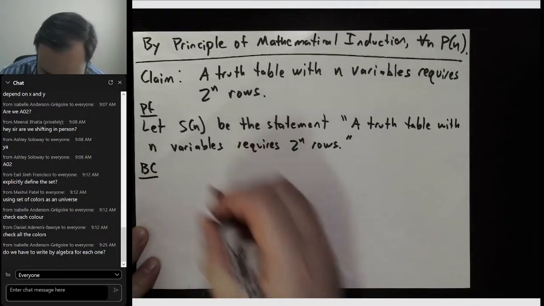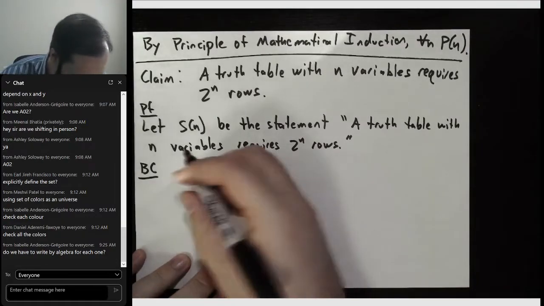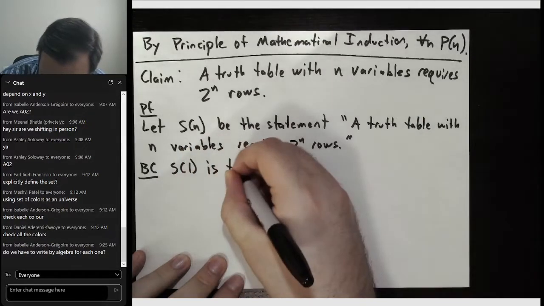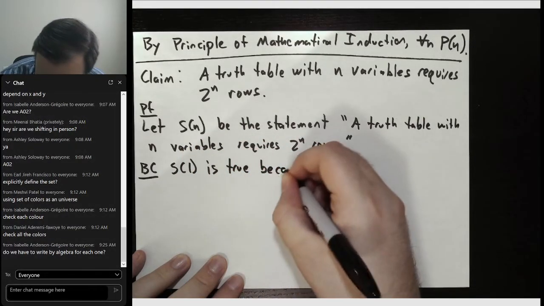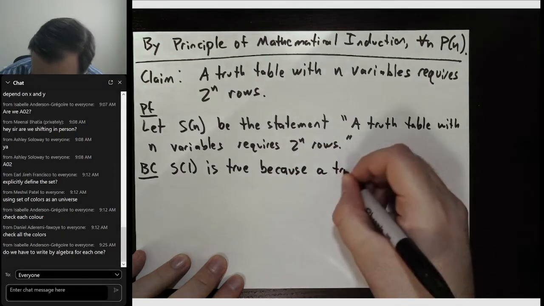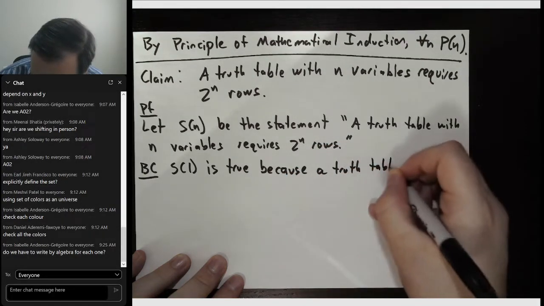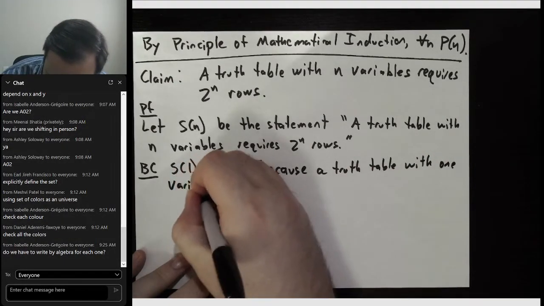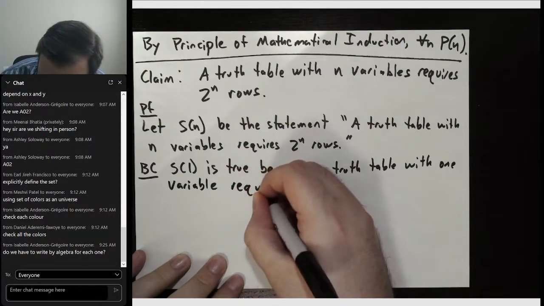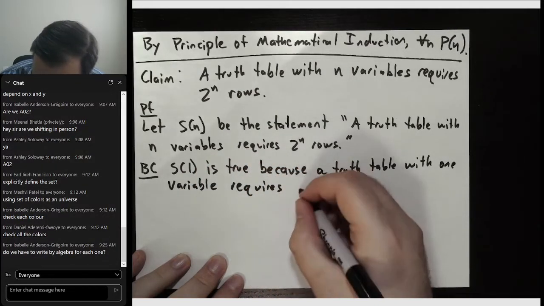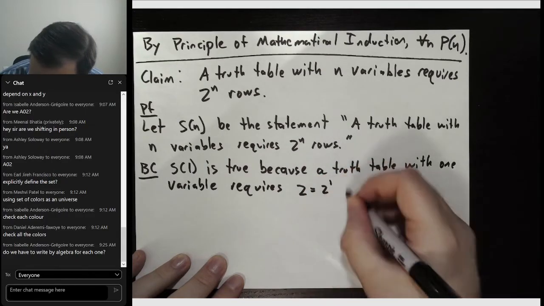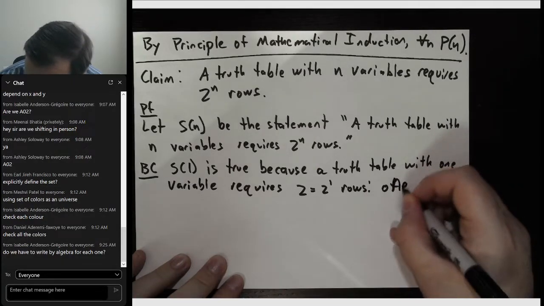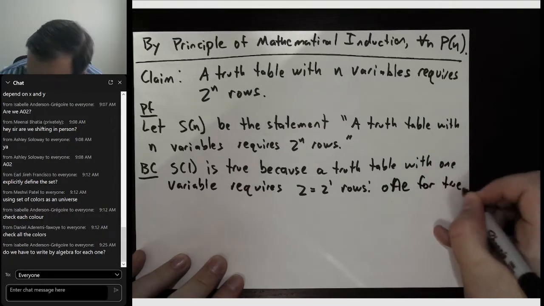Base case. S of 1 is true because a truth table with one variable requires 2 rows, 2, which is equal to 2 to the 1 rows. 1 for true and 1 for false.